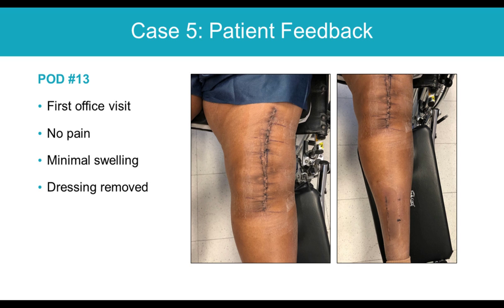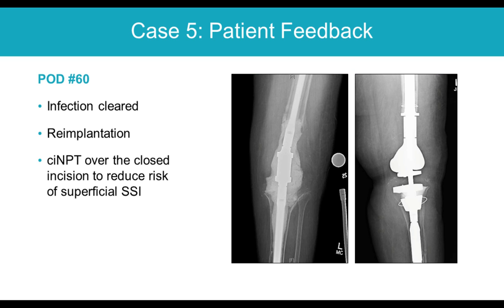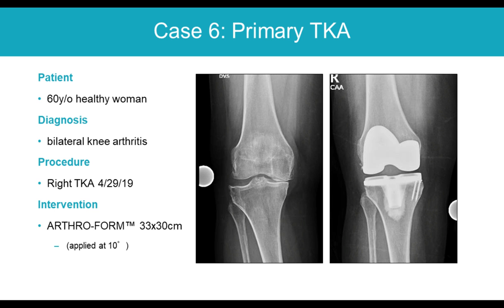She was treated with one of these Arthroform area management devices, and when she came back at day 13, I took this off, and you can see how little swelling she has in her leg with a beautifully healed incision. No pain, minimal swelling. We removed her dressing. We're able to get her reimplanted about 8 to 9 weeks postoperatively to a new distal femur replacement, and she's doing quite well, about 6 months post-op.